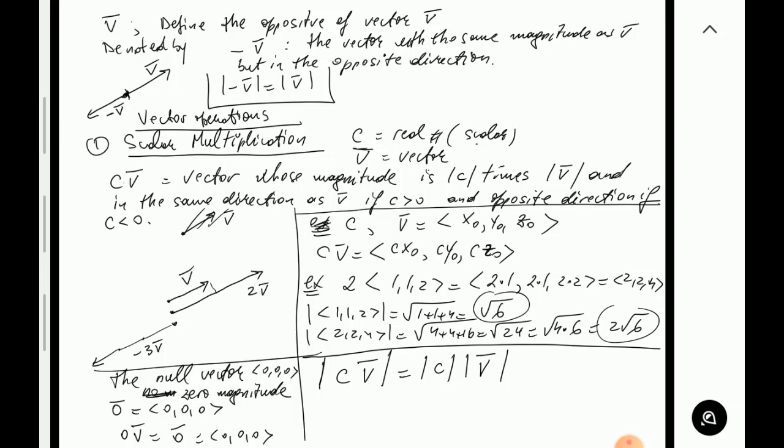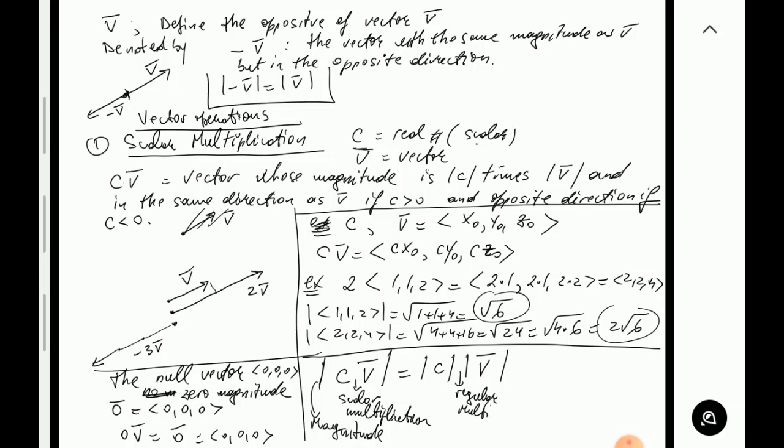It is important to understand which operation you're talking about depending on the context. Between C and V here, this is not the regular multiplication. This is the scalar multiplication that we just defined. And this is the magnitude of a vector, the symbol, the absolute value. On the right hand side, this is the regular multiplication.